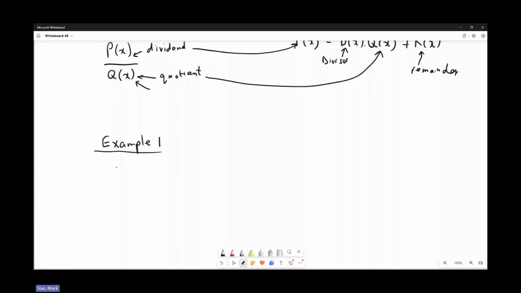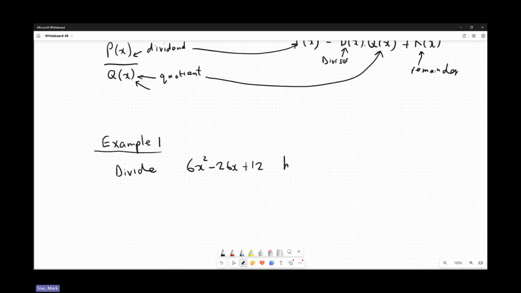It says divide 6x squared minus 26x plus 12. So this is my dividend, and I must divide that by x minus 4, a linear function.